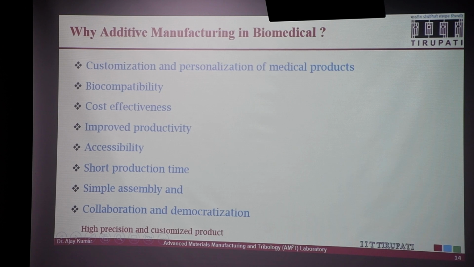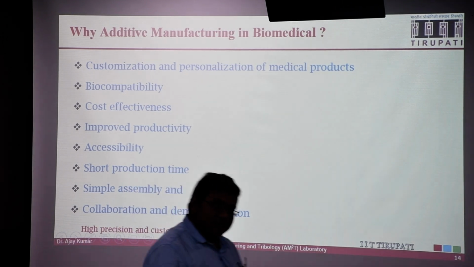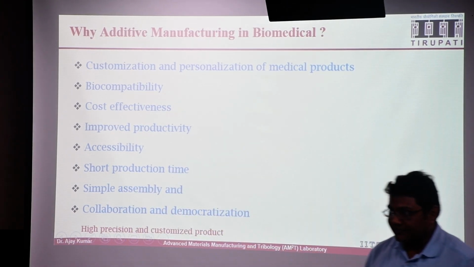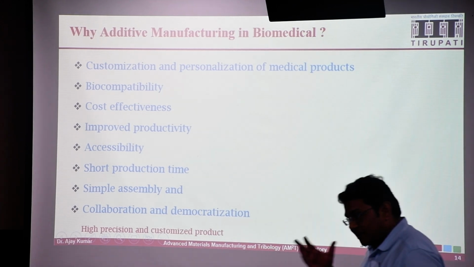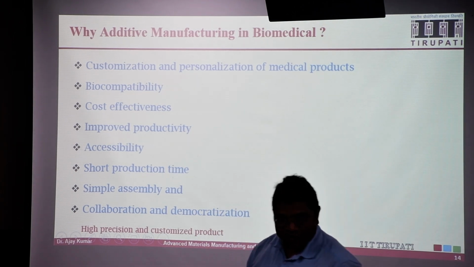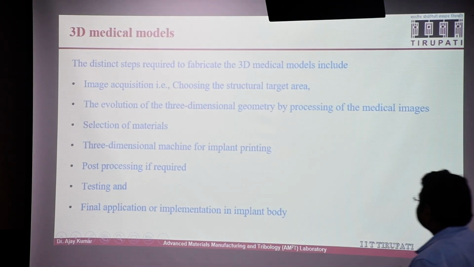Surface finish, surface finish. So these are the things we may not get in the conventional manufacturing process, which we can achieve through these additive manufacturing processes, right? That is why we are talking about this process. So they have lots of potential. Okay, next.